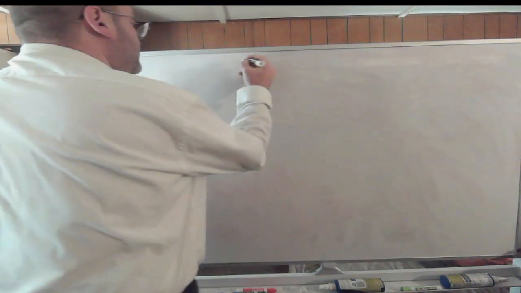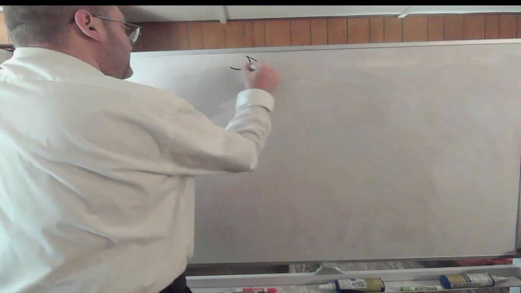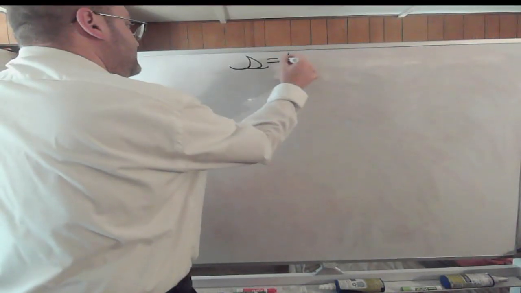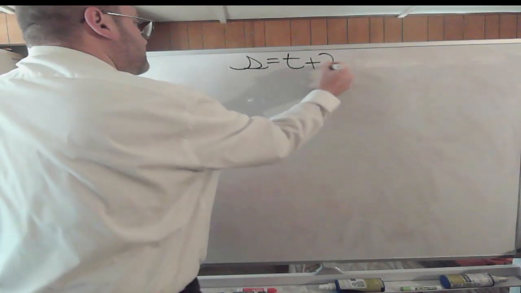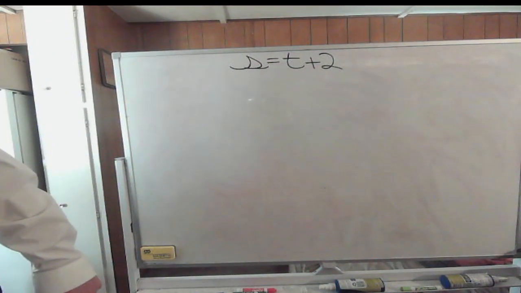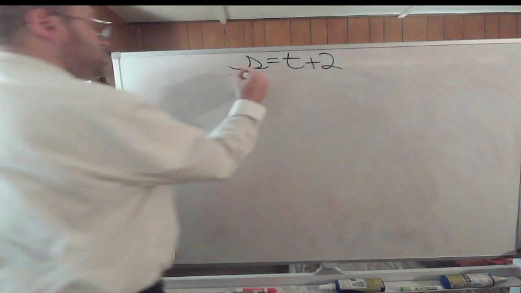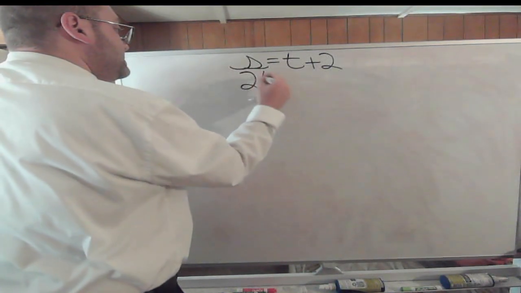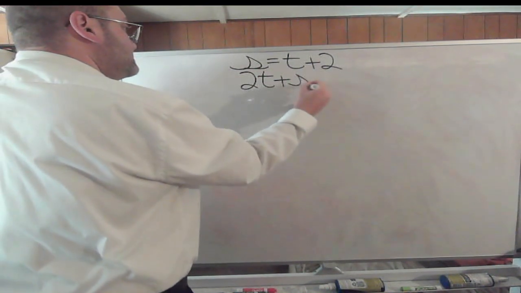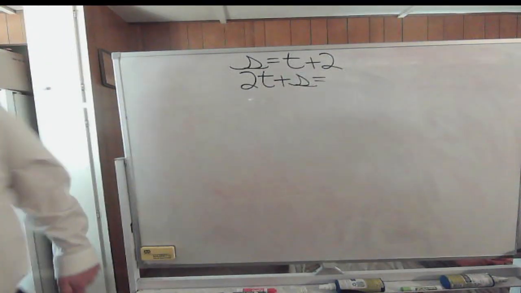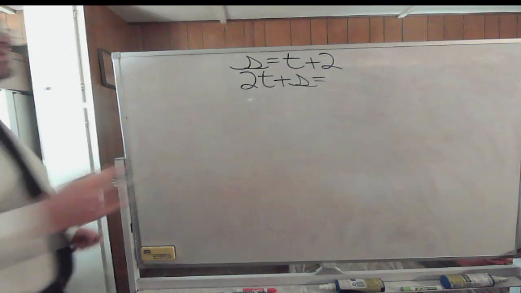Alright, let's see. We have s equals t plus 2. Then we have 2t plus s is equal to 17.